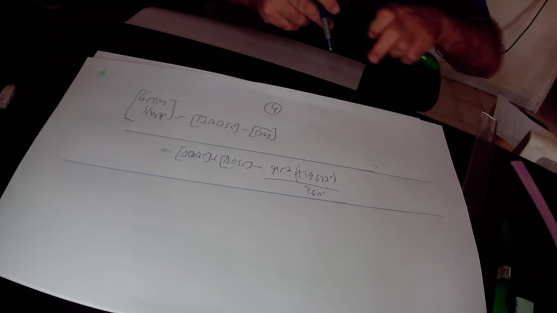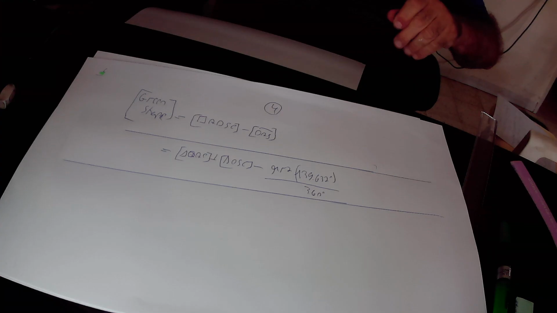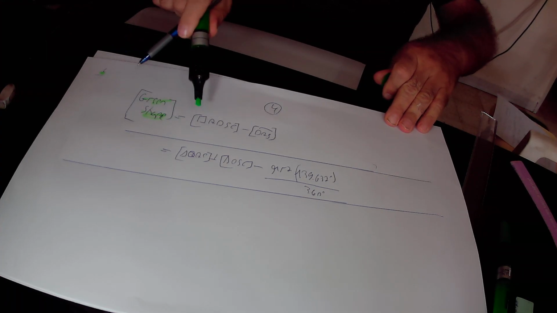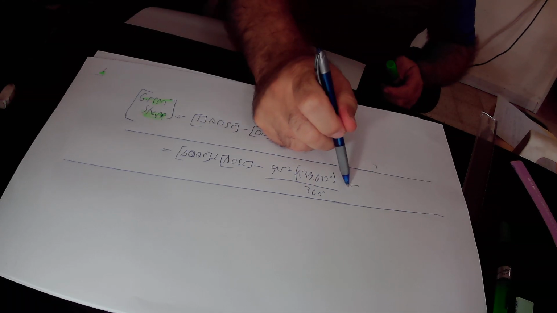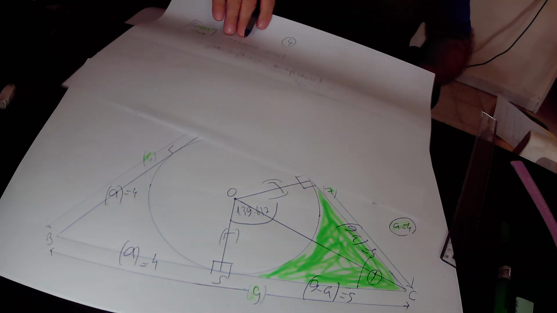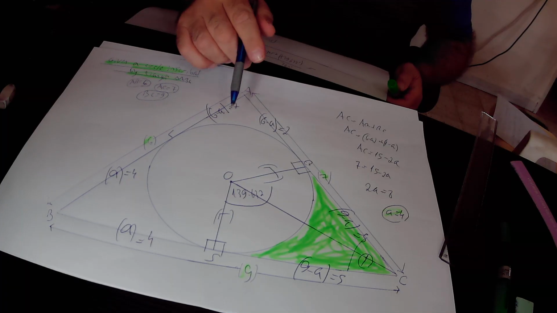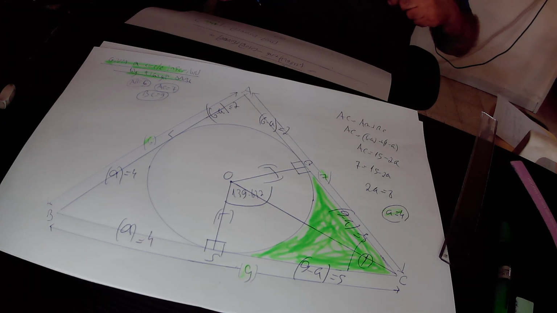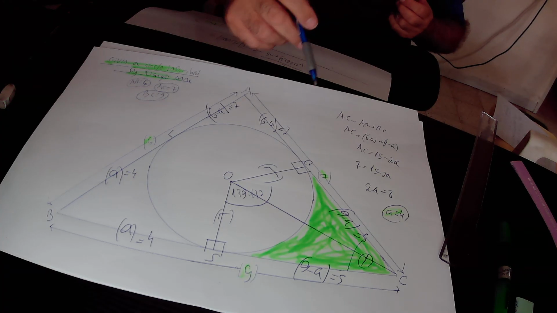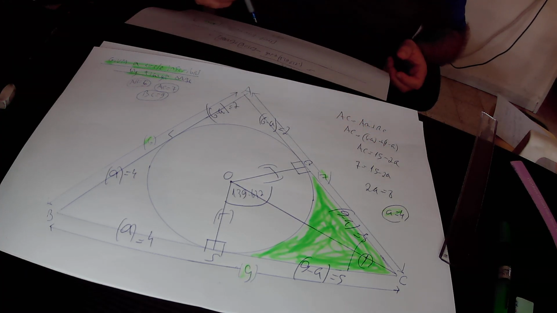So the area of the green shape in total is equal to the area of the right triangle OQC. What is the area of this right triangle OQC? The area of a triangle is equal to the base times the height over 2.